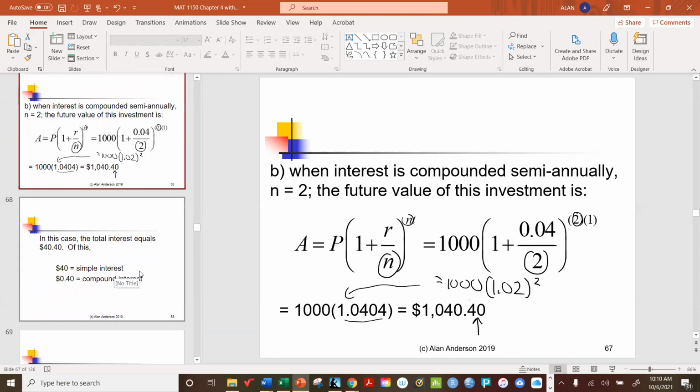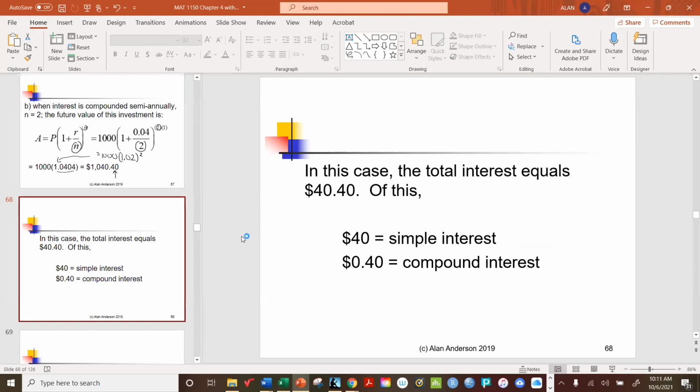We know already that the total interest is $40.40 because we subtract 1,000 from the future value. We already know, too, that the simple interest is $40. We've already seen that this is PRT. And like I said, this will not be affected by the compounding frequency. So all of a sudden, for the first time, we do have some compound interest. And again, yes, it's only 40 cents, but if we keep the money in there long enough, that will actually grow very quickly. This is a 1-year example. If this was a 10-year example, you'd see a lot more compound interest.